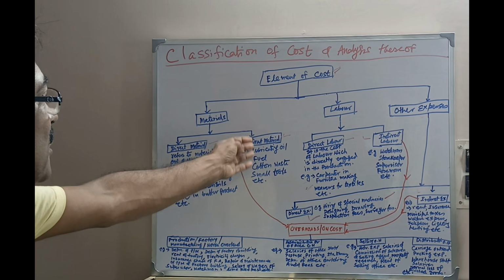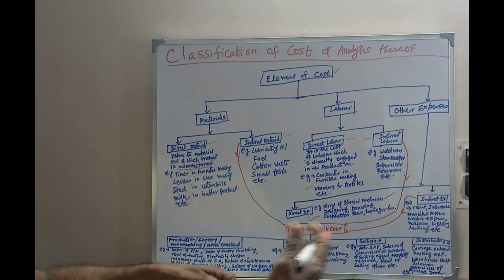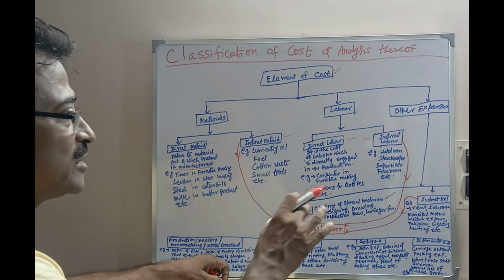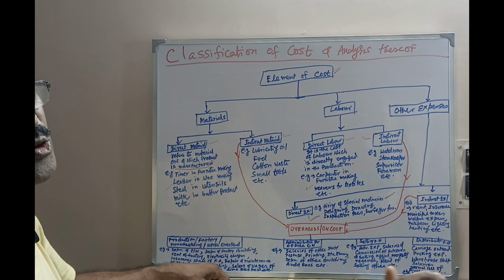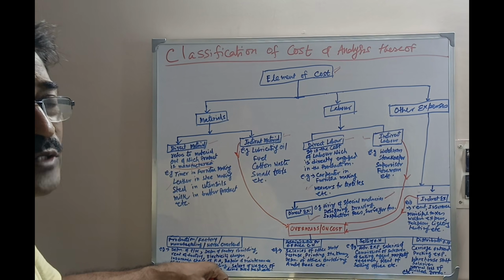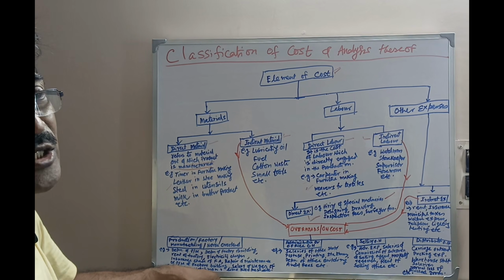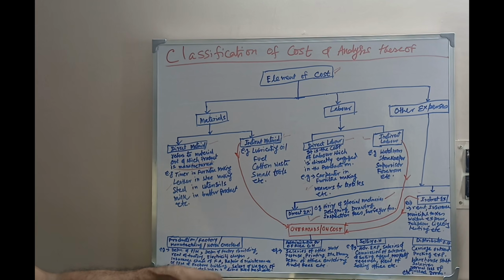So what is indirect material? Apart from direct material, there are other expenses which are required. That indirect part is not directly charged to the product or services. It is apportioned to the cost center or cost unit on some suitable basis. This is called overhead or the indirect part.